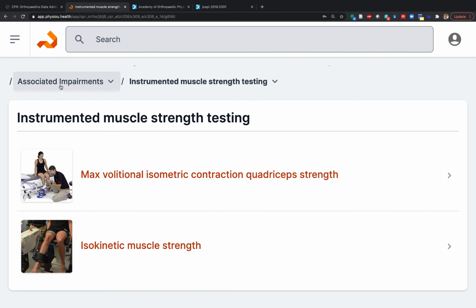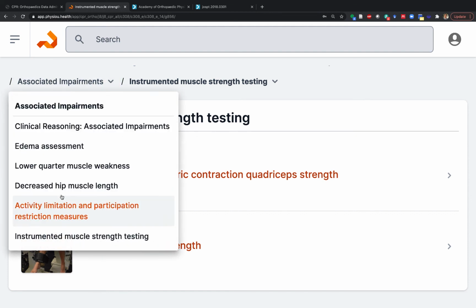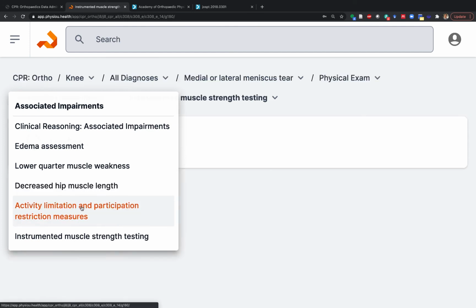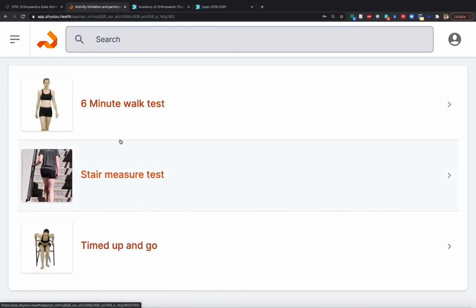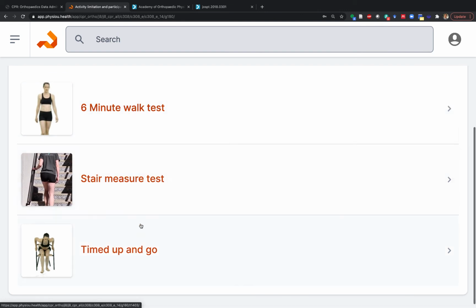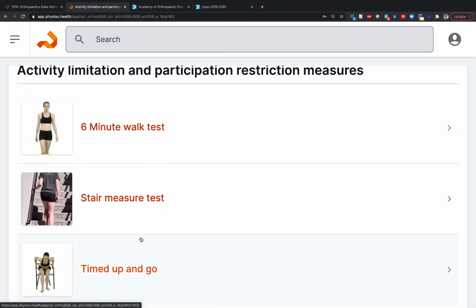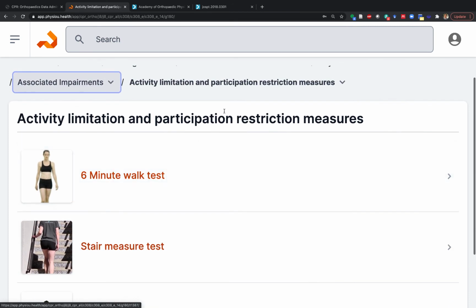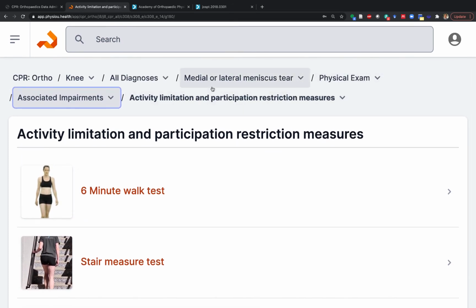So you get some solid numbers for quantifying strength loss. And let's see. We have some functional measures that you can always consider doing that a patient might demonstrate impairments in. So you can actually demonstrate improvements in activity limitation and participation over time during your rehab. So that's what all of these different categories are for.